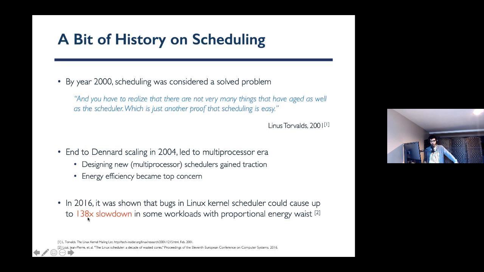That is huge. A problem that we thought we had solved in the 2000s, and that we thought had aged well, got traction again in 2004. We were confident that we could deal with it. Then comes 2016, and we're wasting our CPU cycles by a lot. Up to this day and age, scheduling is important and hasn't lost its importance in systems, and even more so in distributed systems.